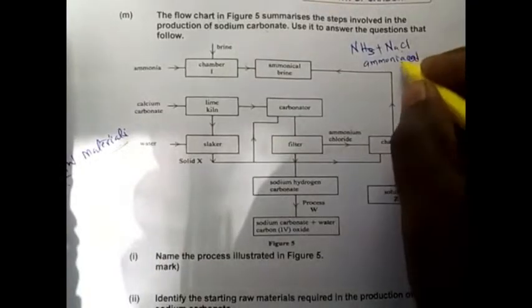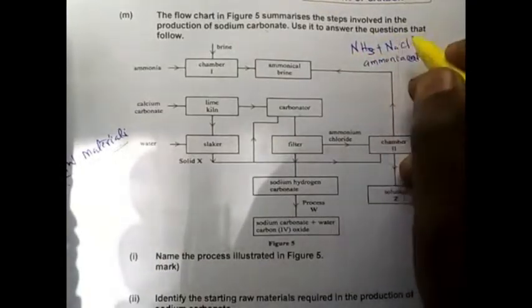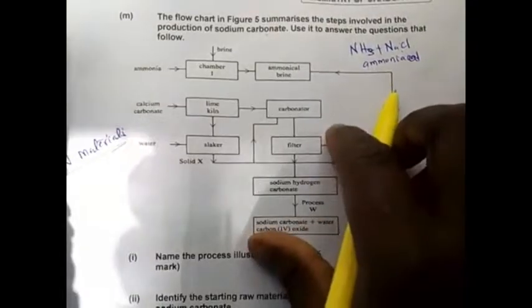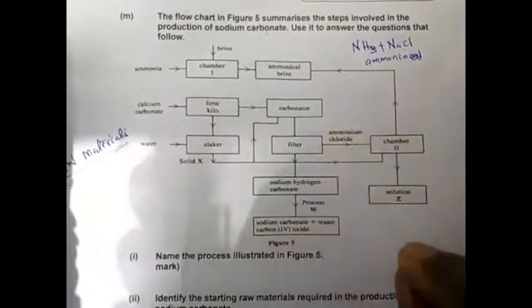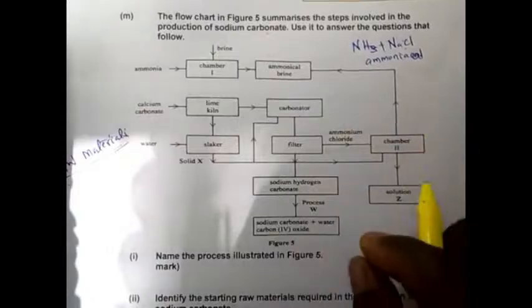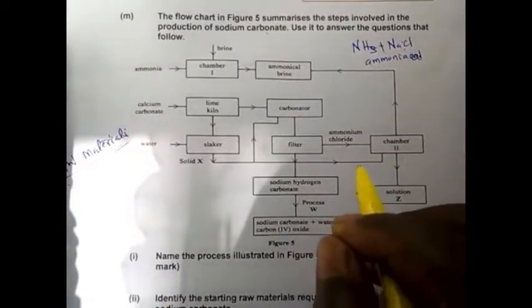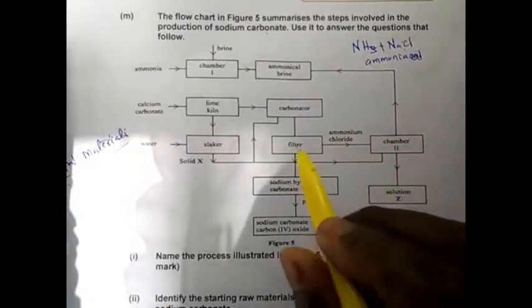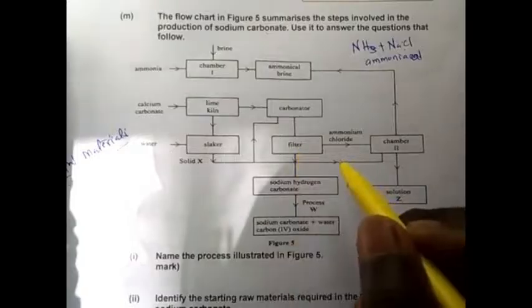These are the starting materials. So when you see a diagram like this, you look at where ammonia and ammoniacal brine are getting in, and you should know that's where the process begins, right?